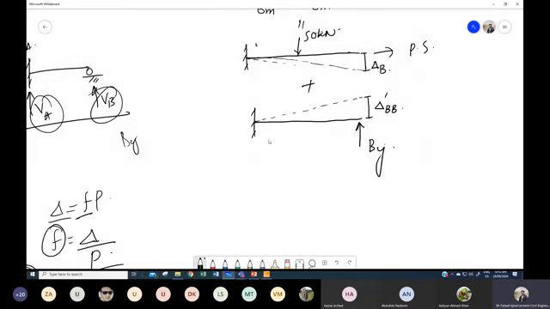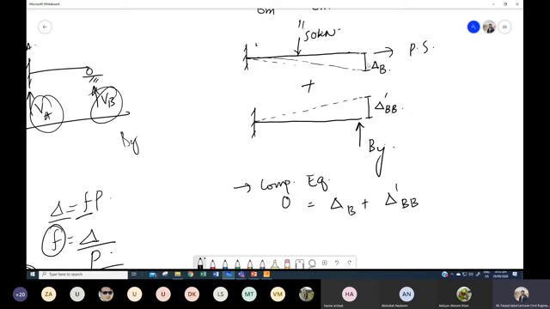We also did it in the last lecture. In the initial beam, we have zero deflection. And in this primary structure, we have this deflection delta B. And in this structure, when we have applied the redundant force, we have deflection delta dash BB.